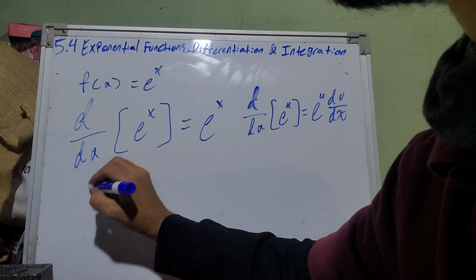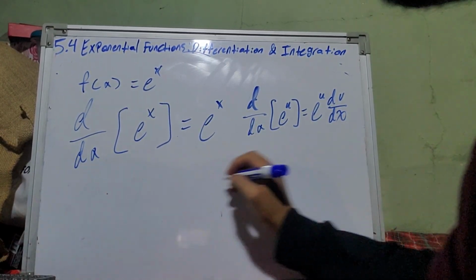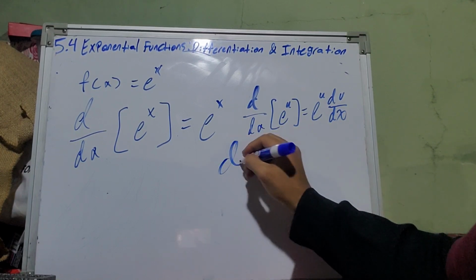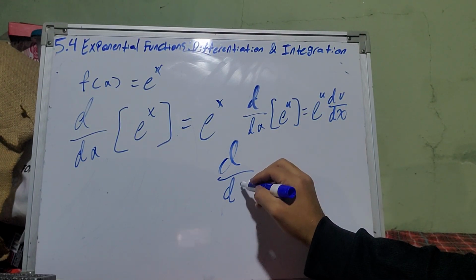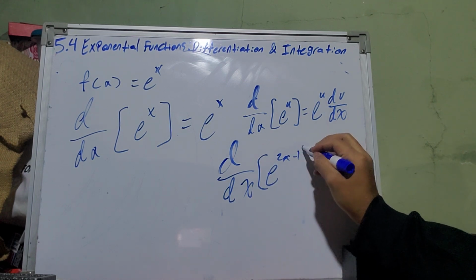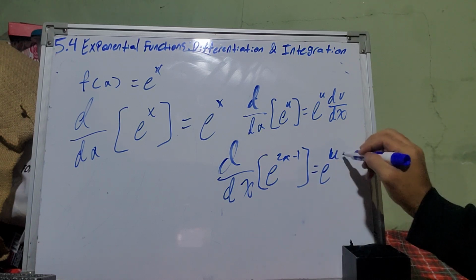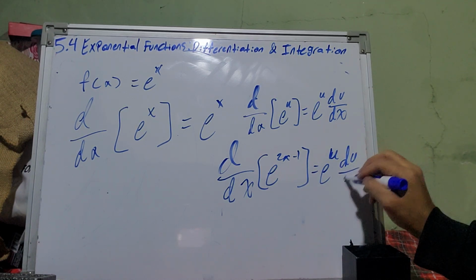One simple example presented to us that we can use to be able to identify this is the derivative of e to the power of 2x minus 1, which is equal to e to the u times du dx.